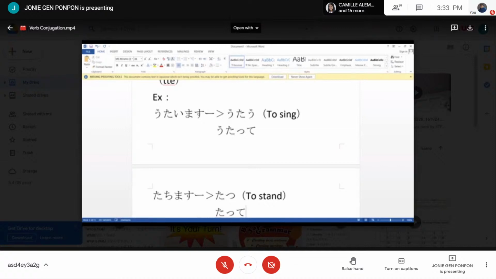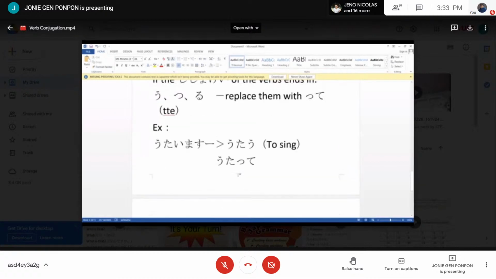So if I say convert this verb into the te form, that's how you create the te form of the verb. You should know its jishuke first to create the te form.